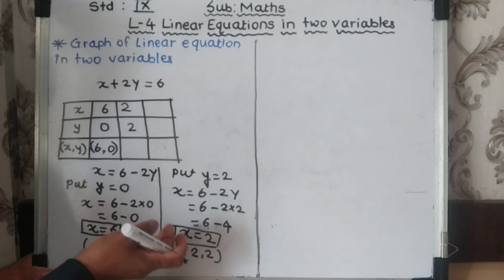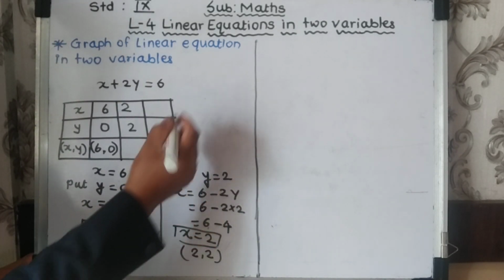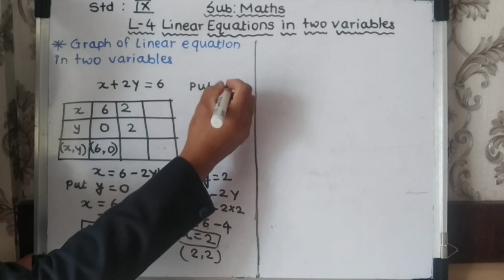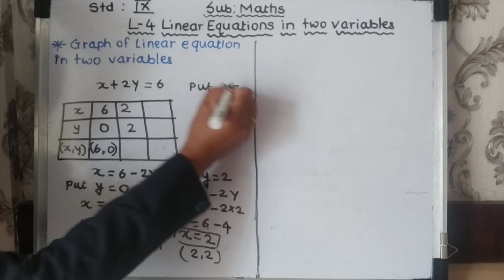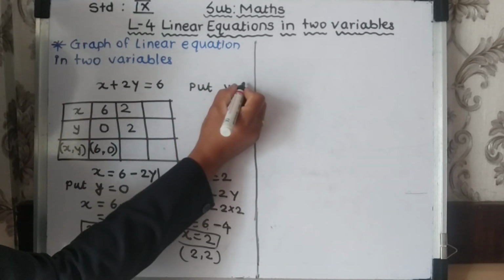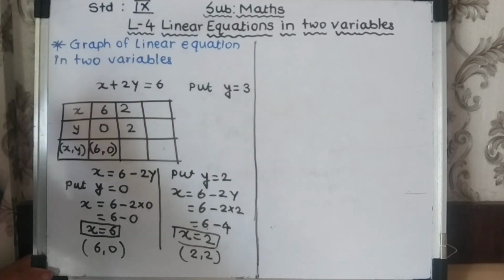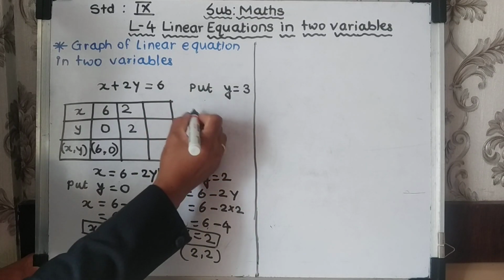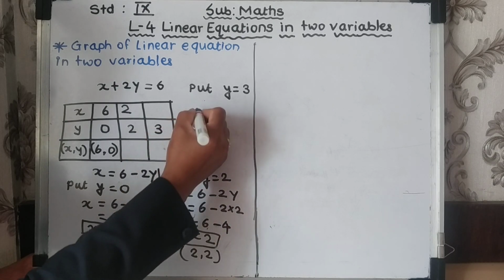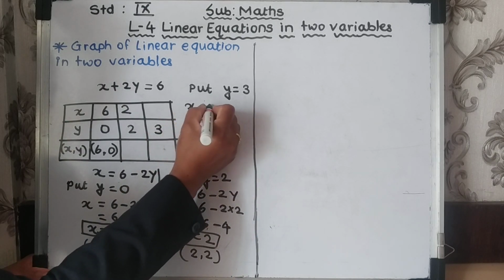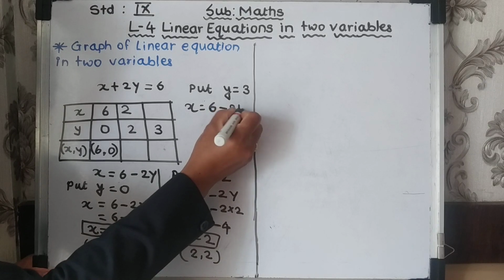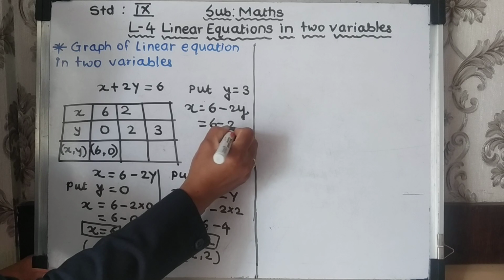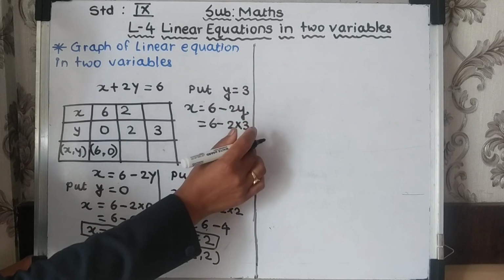Now next we will solve for the third value. I'll take here the third one, put y equals 3. So y equals 3 we have taken here. Now x equals 6 minus 2y, we will write that equation. Now 6 minus 2 into 3, y equals 3 we have taken.